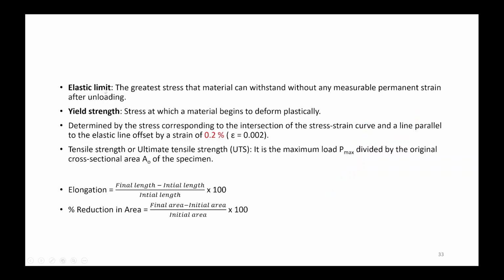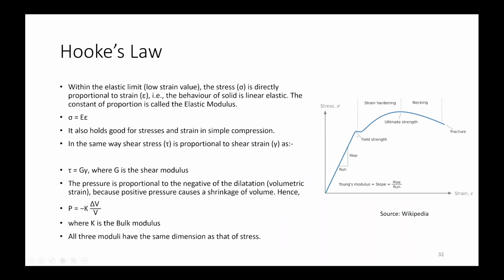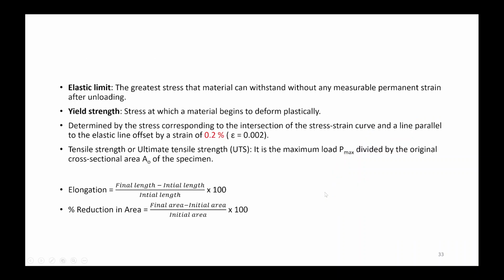Now elastic limit. In this graph, up to this point is the elastic limit, up to which your material will recover its initial shape and size. It is the greatest stress that a material can withstand without any measurable permanent strain after unloading. And yield strength is the stress at which a material begins to deform plastically.